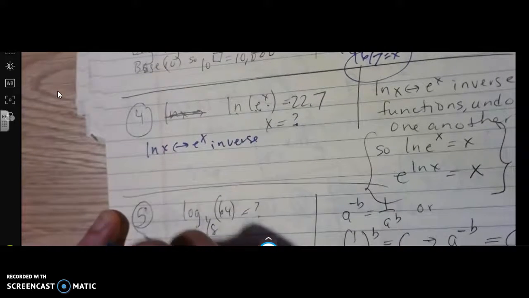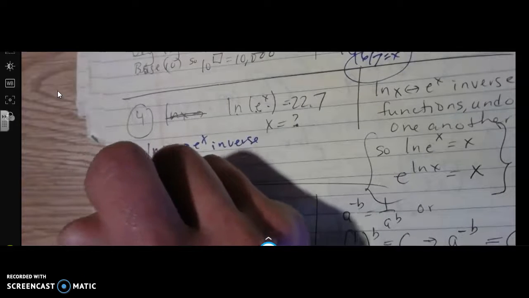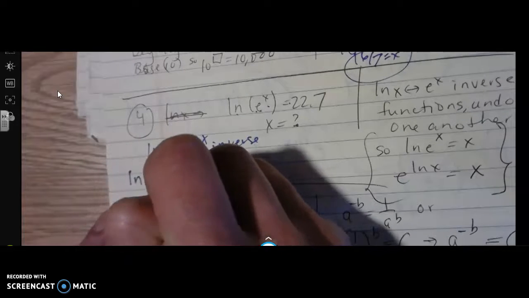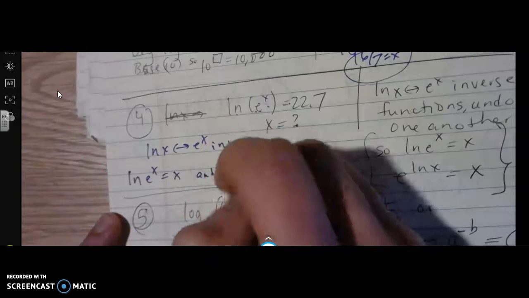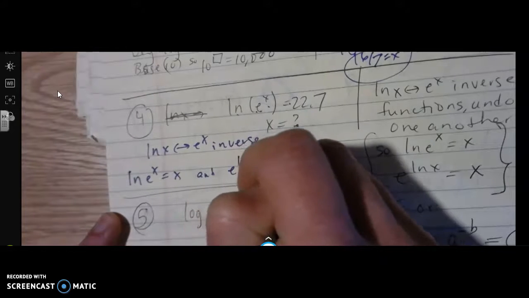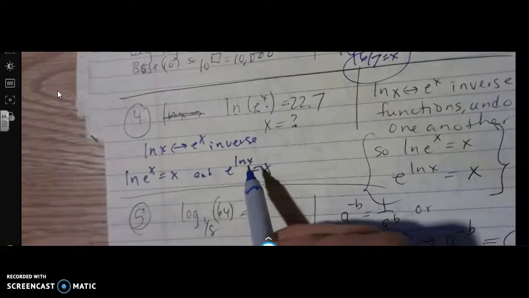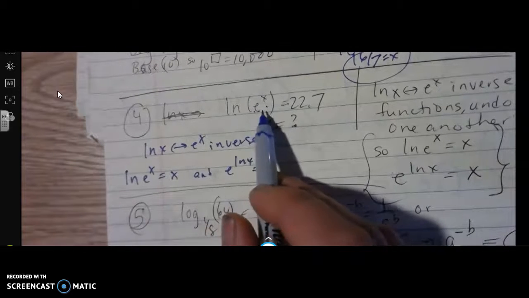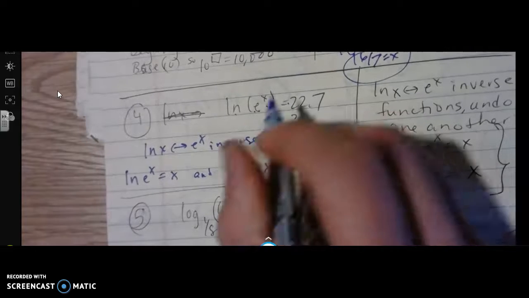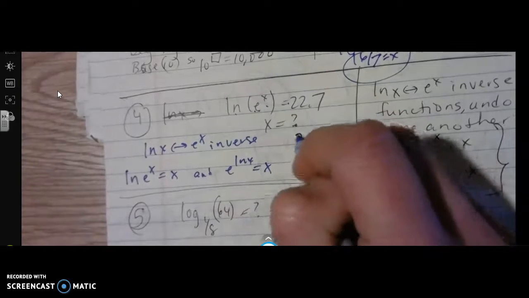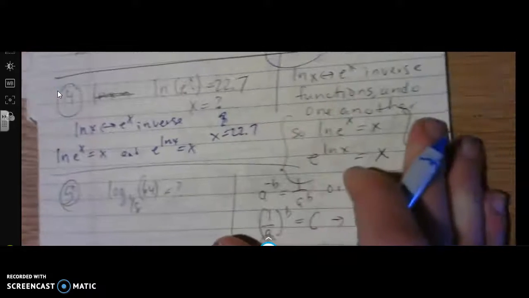So the ln of e to the x is equal to x because they undo each other, and e to the ln x is equal to x. Whenever we have both functions together, they undo one another. So the ln of e to the x is x, therefore x equals 22.7. You can do that one straight away.